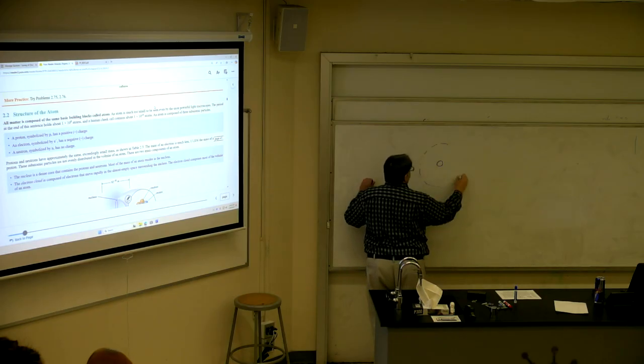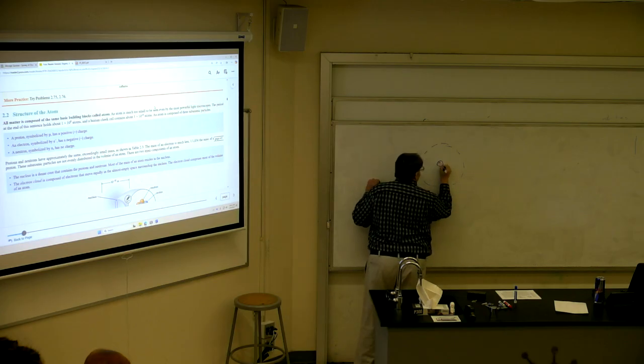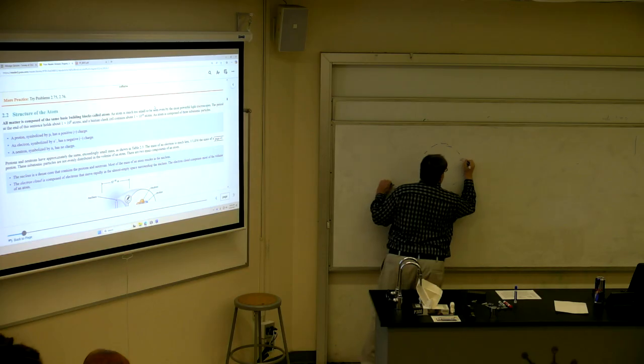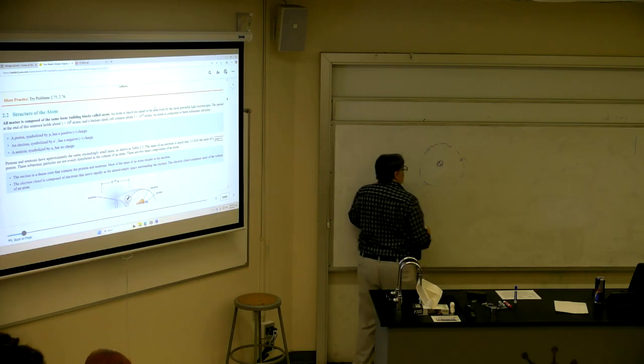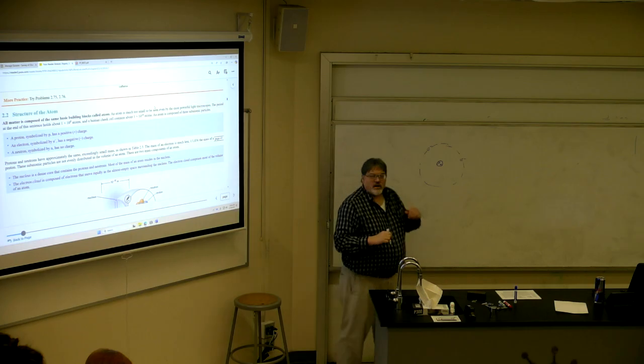And the electrons are just kind of floating out here somewhere. The structure of these electrons is something we'll cover before we're done with this chapter. But protons and neutrons are in the nucleus together, and electrons are all out here somewhere.